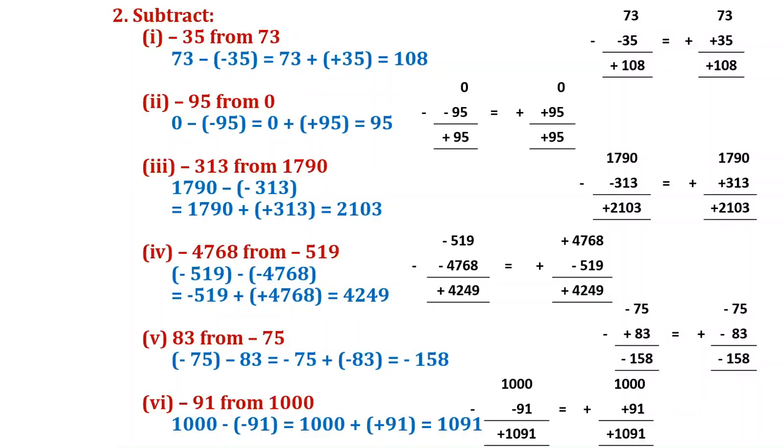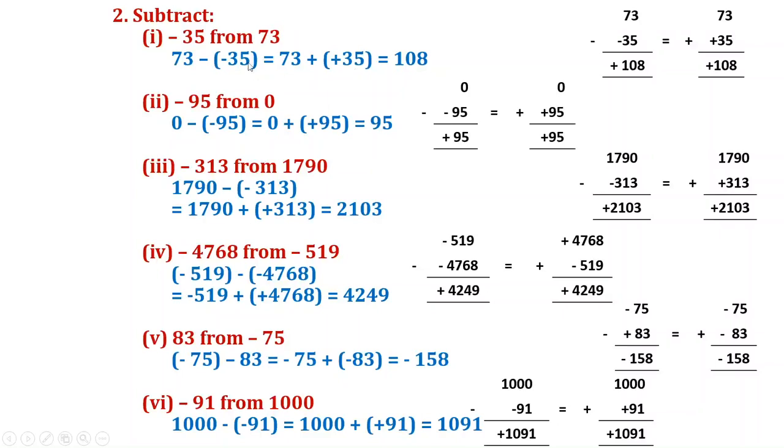So now you are subtracting minus 35 from 73. What is the first step when you are doing subtractions? Already you listened in the previous classes. First, any subtraction you have to convert as addition by taking the additive inverse of the second number.